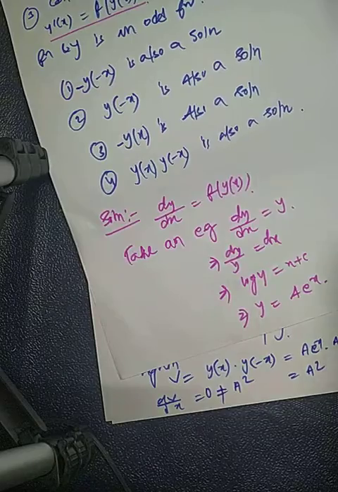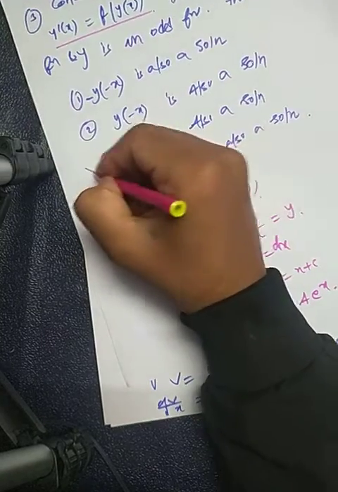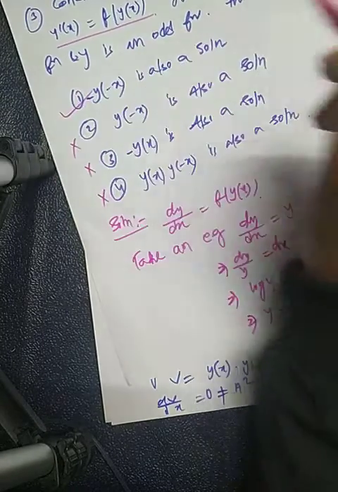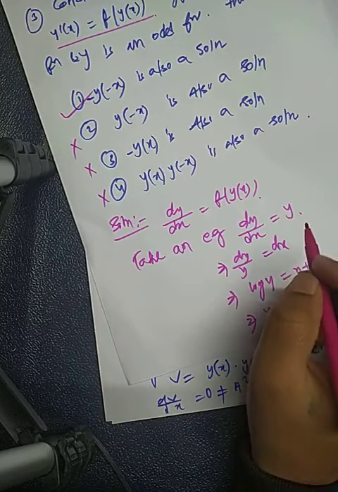So what we can say is that this is false, this is false, this is false, and this is true. So that's why it is true.